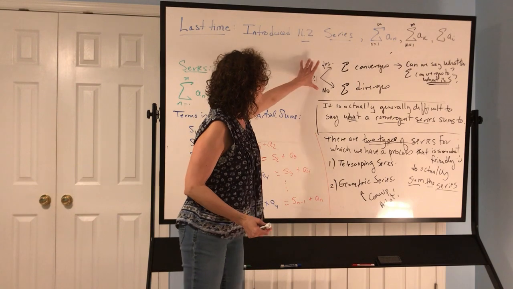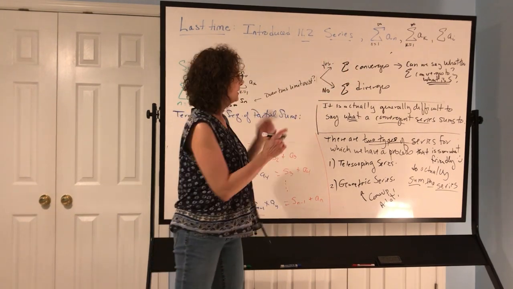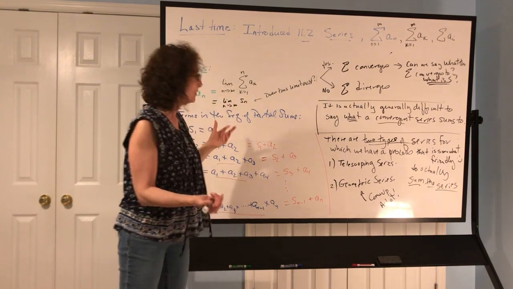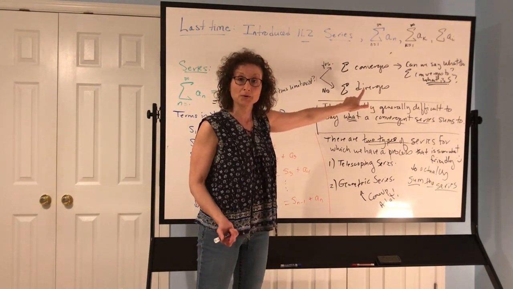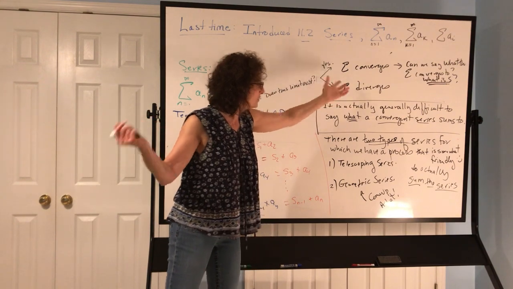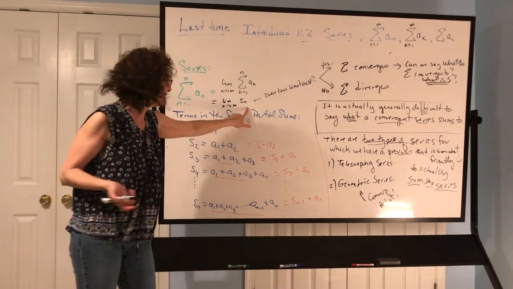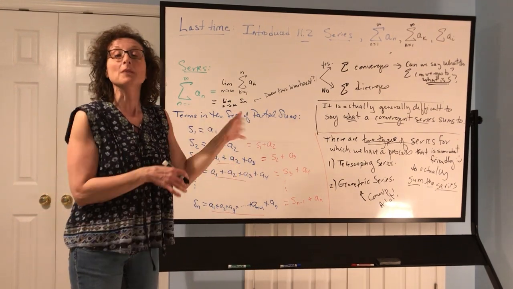The convergence piece seems like we can either say it converges, and then we may or may not be able to say what it actually sums to. But the divergence piece looks a little bit simpler. If the series diverges, you're just saying it diverges because this limit doesn't exist. So let's just work on divergence first, and then we'll come back to convergence.